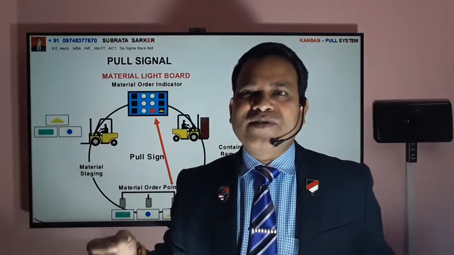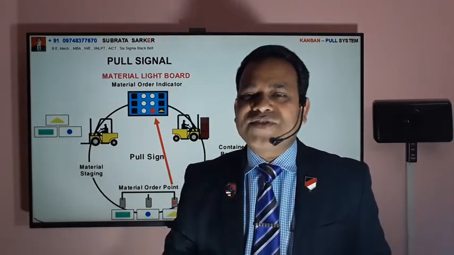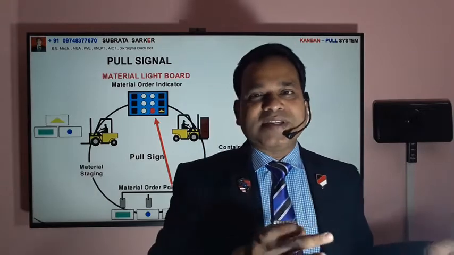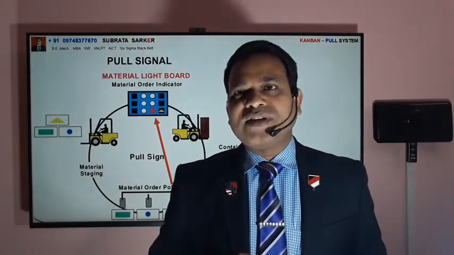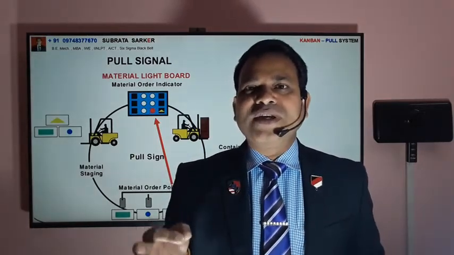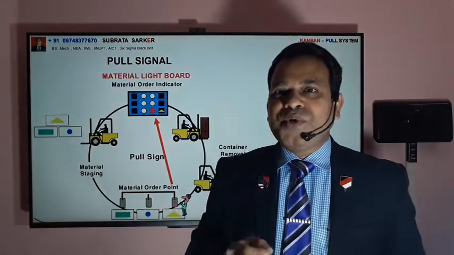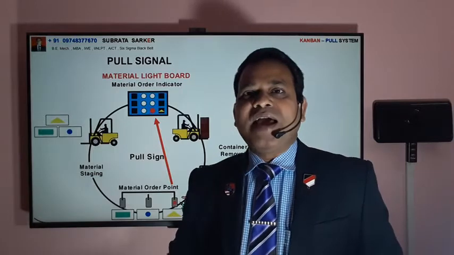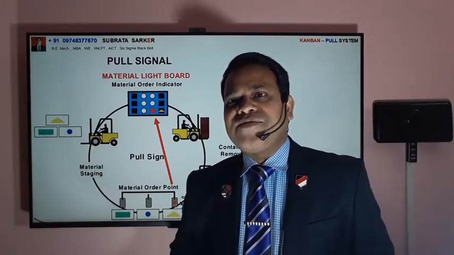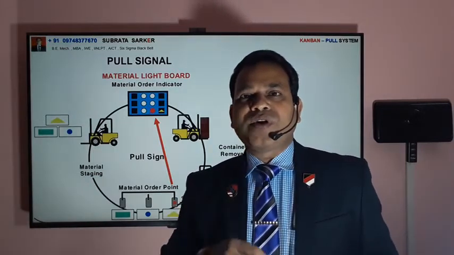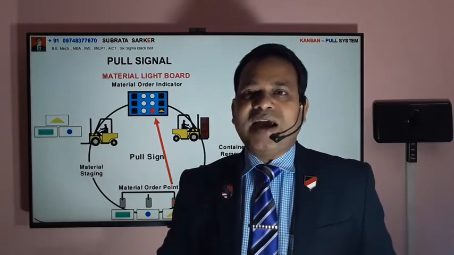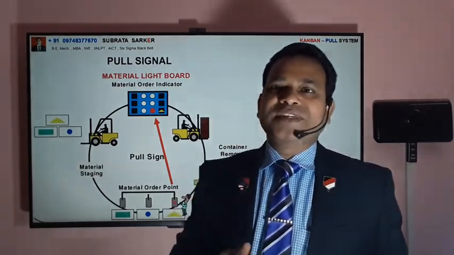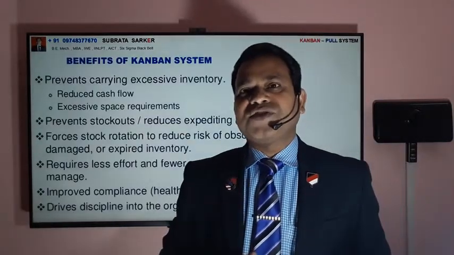So finally, the company has created excessive inventory, and the company is going towards loss making. But if a Kanban system is working in the organization, things will not go in such bad directions. It prevents stock out and reduces the expenses, and it requires less effort and fewer resources to be managed, and it improves compliance and drives discipline in the organization actually.